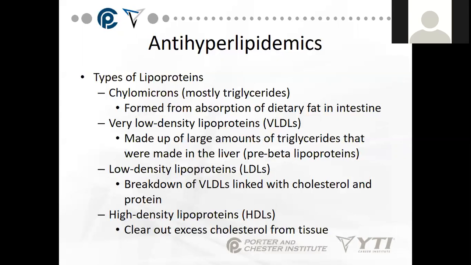When you look at the generic name, each of those is going to have statin at the end of it. For example, Zocor is simvastatin, and atorvastatin is the Lipitor. So all your statins are going to have statin at the end. Just think of statins as my antihyperlipidemic drug that's going to lower my cholesterol levels. The way the statins work, they do it by slowing the liver production of cholesterol.